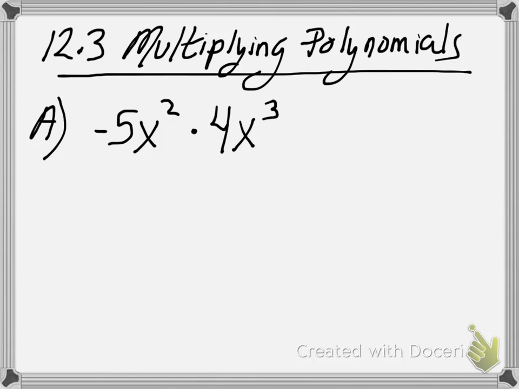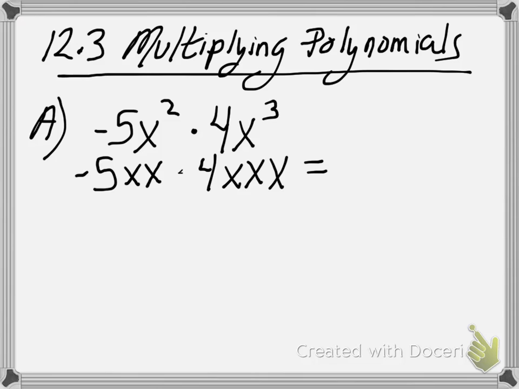And you already learned earlier in 12.1 when we did exponents why I can multiply these. I can show you by writing this out in extended form. X squared is just 2 x's multiplied together. X cubed is 3 x's multiplied all together.